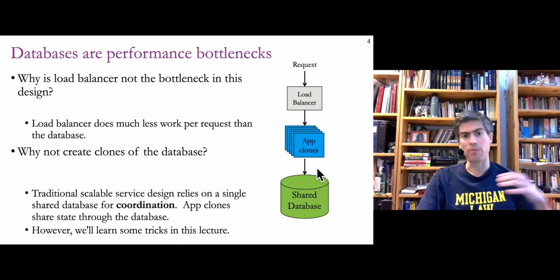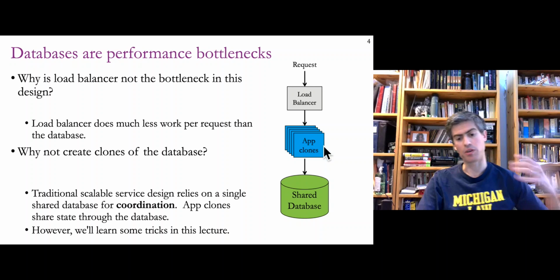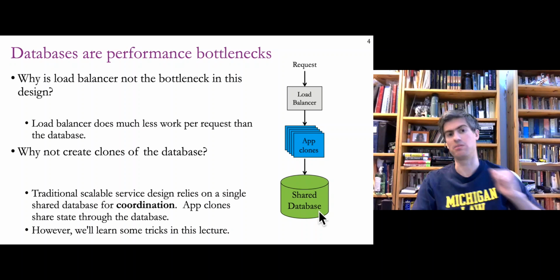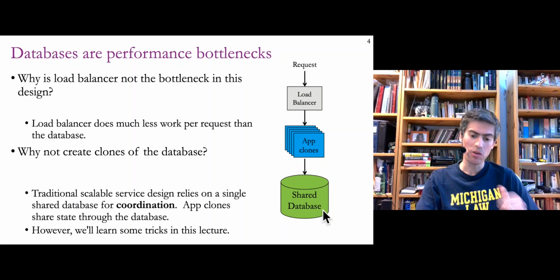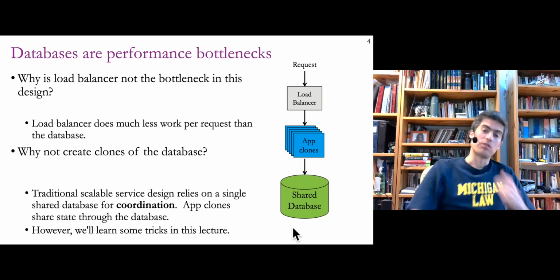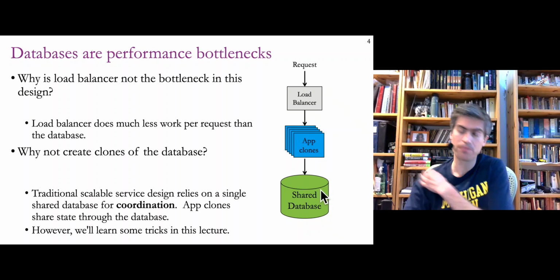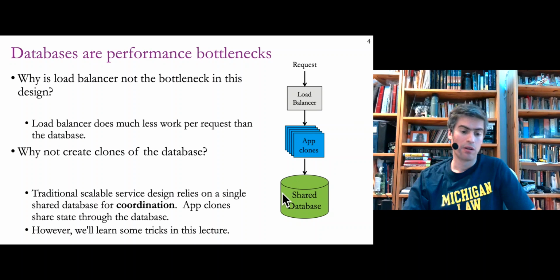The way that coordination happens, in other words, that the propagation of state from one of these app clones to another is possible because they're all interacting through the same database that is persisting those changes and making them visible to everyone else. Once we start to clone this, we introduce a big coordination problem because an update that's written to one clone of a database has to somehow be shared to the others in a way that makes it visible and also that's scalable.